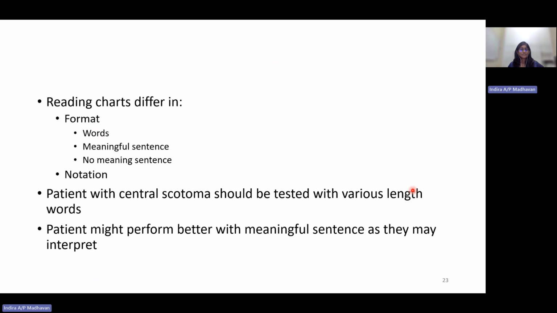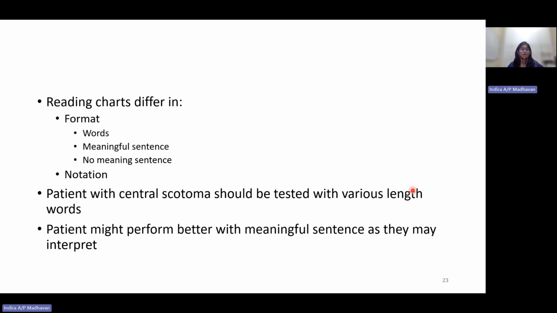And then a patient might perform better with a meaningful sentence as they may interpret. Like my name is Indira, if the name is missing, they're still able to know that the word missing between my and Indira is the name. So patients might perform better with a meaningful sentence, but usually the charts we have in the clinic are all meaningful sentences because that is practical.